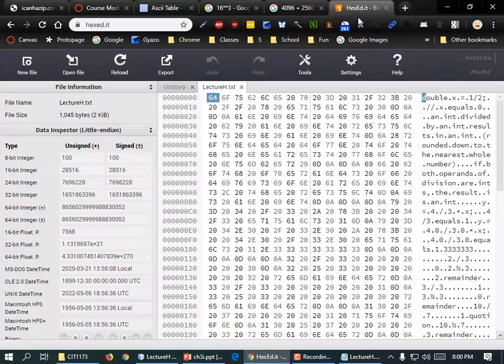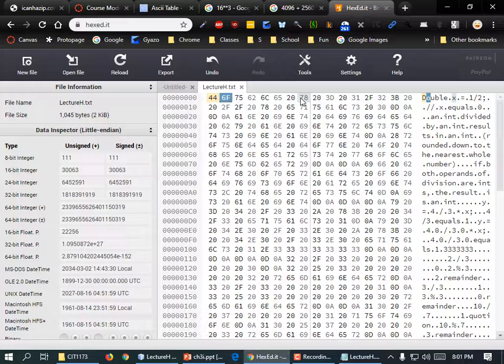So if I come back over here and I change that 64 to a 44, watch what happens to the stuff in this column. Now it's a capital D. We have changed the ASCII value of that letter from lowercase to uppercase. We could do the same thing for the O. Now the pattern is that if it's a 6 something, if you change it to a 4 something, it makes it uppercase.